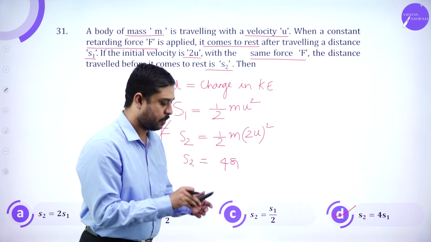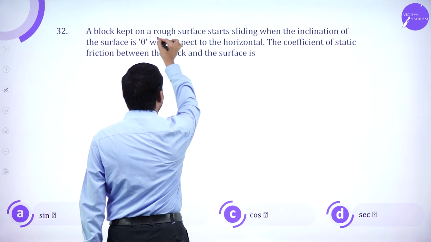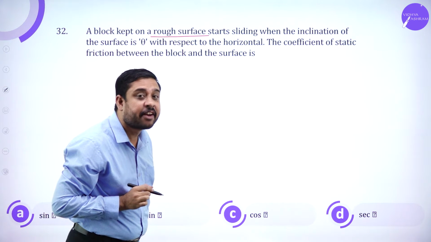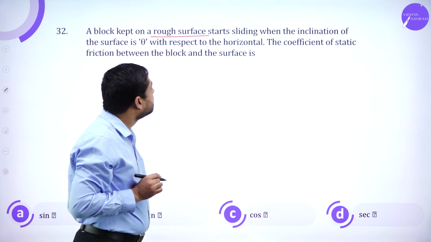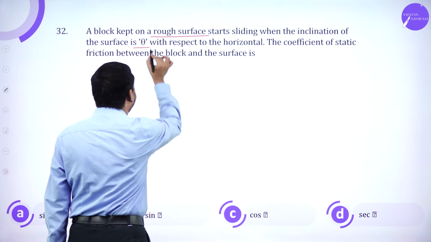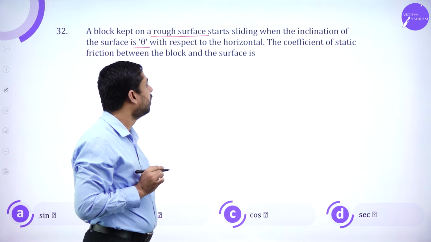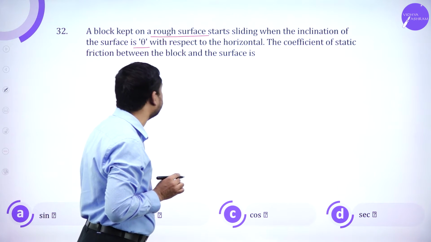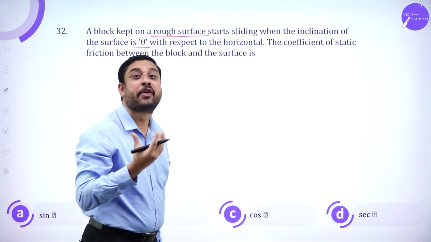A block kept on a rough surface, not a smooth surface, rough surface, friction comes into picture. It starts sliding with an inclination of theta with respect to the horizontal. The coefficient of friction between the block and the surface, angle of repose.